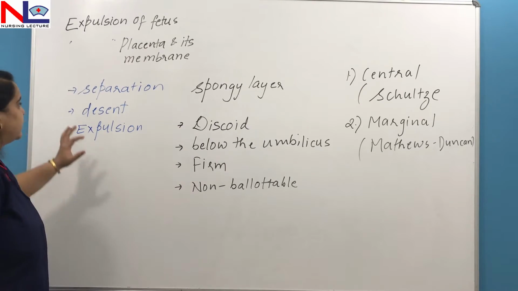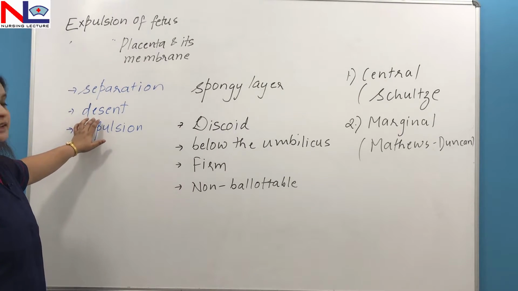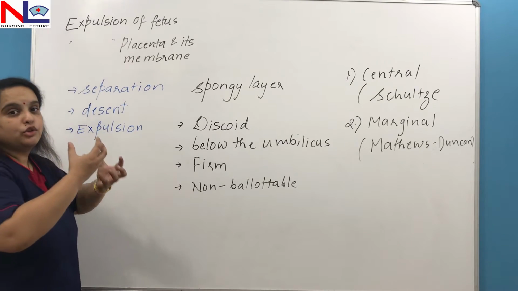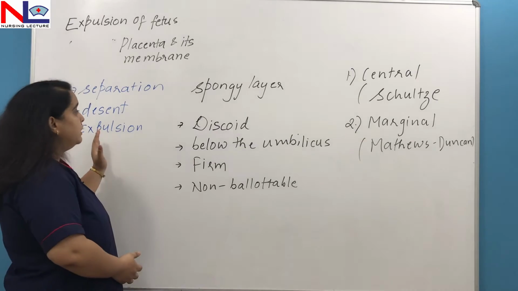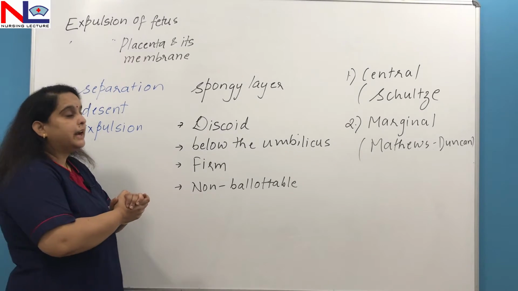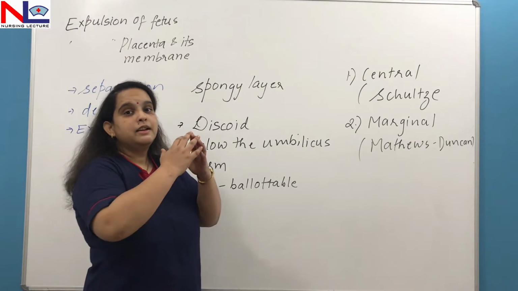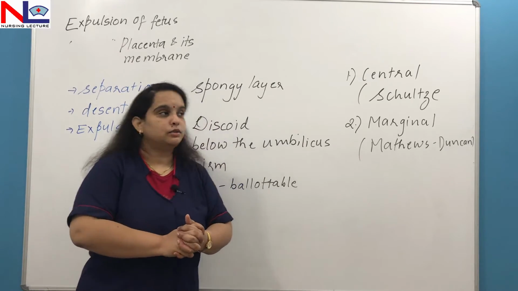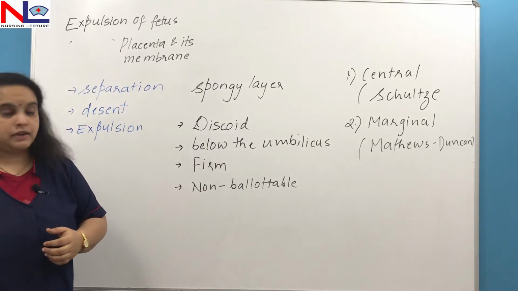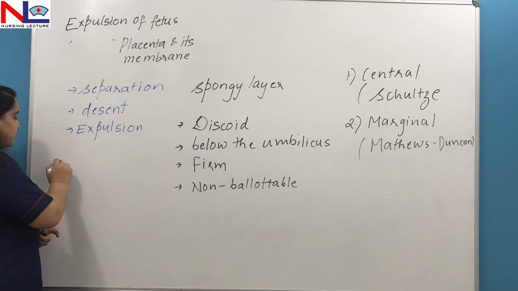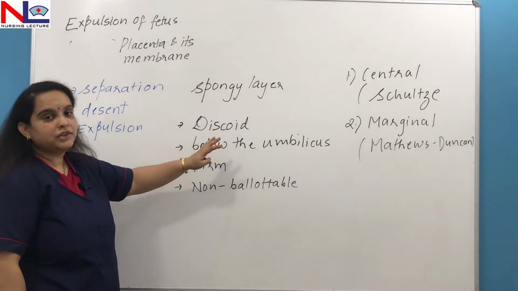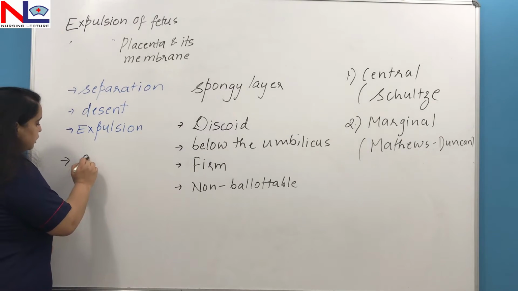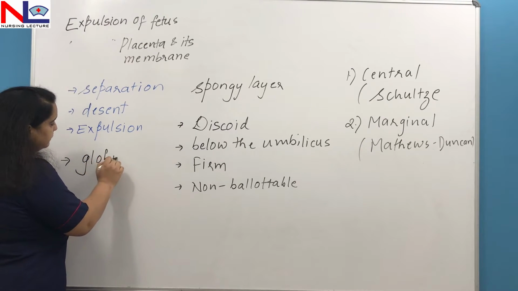Now once the placenta gets separated, what happens next? The placenta descends down into the lower flabby segment, right? Now how can we clinically identify that the placenta is separated? What features are there? First, the shape. The shape which is discoid before separation changes and becomes globular, right?